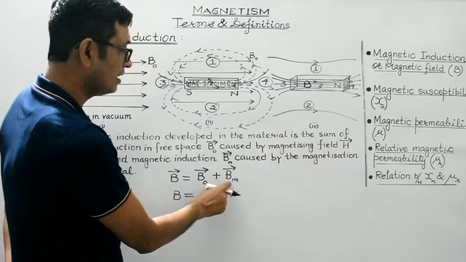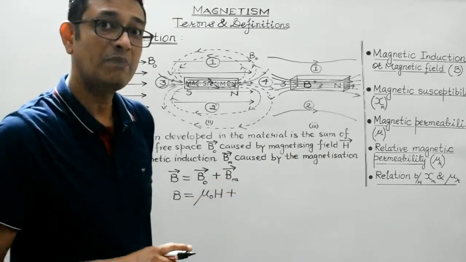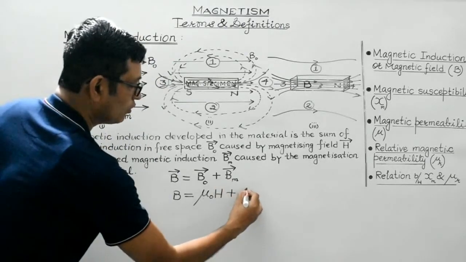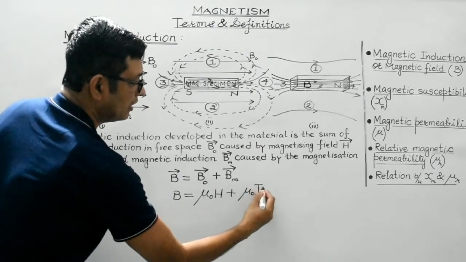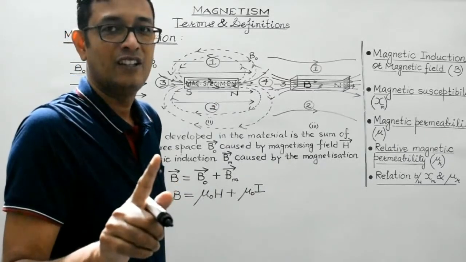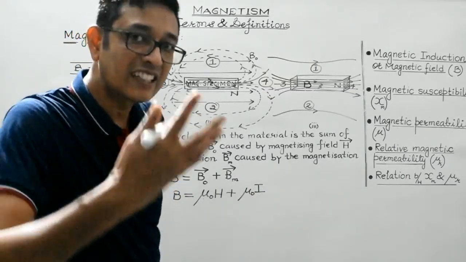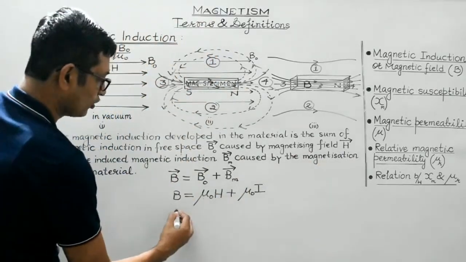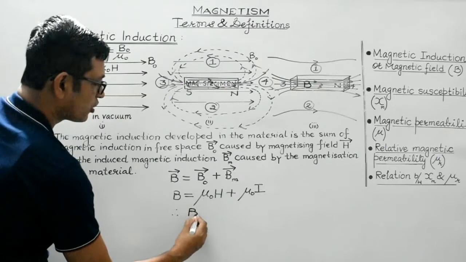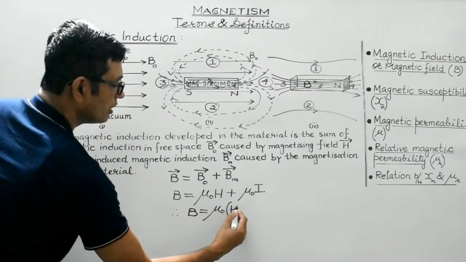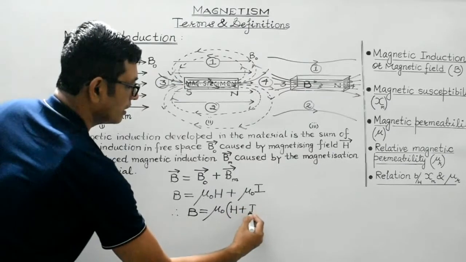So Bm is the magnetic induction caused by the magnetization of this specimen. By definition, Bm must be equal to mu naught I. Here, I is the intensity of the magnetization, which gives the measure of the extent to which the specimen gets magnetized, right? Therefore, students, magnetic induction inside the material would be given by mu naught (H plus I).